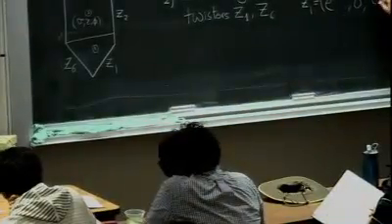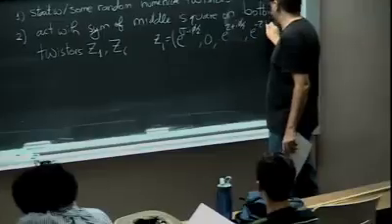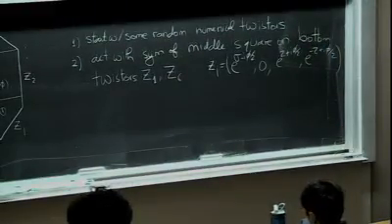e to the sigma minus i phi over 2, 0, for example, e to the tau plus i phi over 2, e to the minus tau plus i phi over 2. So you see this comes from acting on the twistor, random twistor 1, 0, 1, 1 with this transformation.